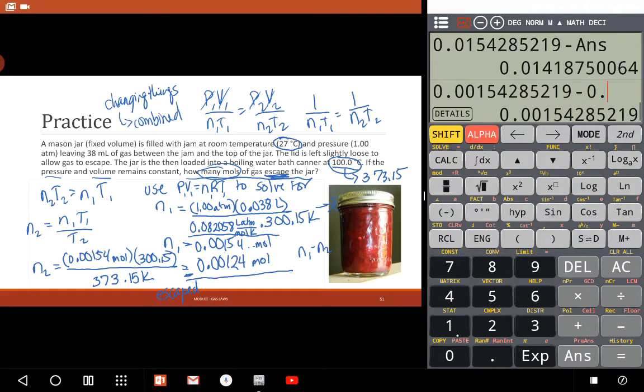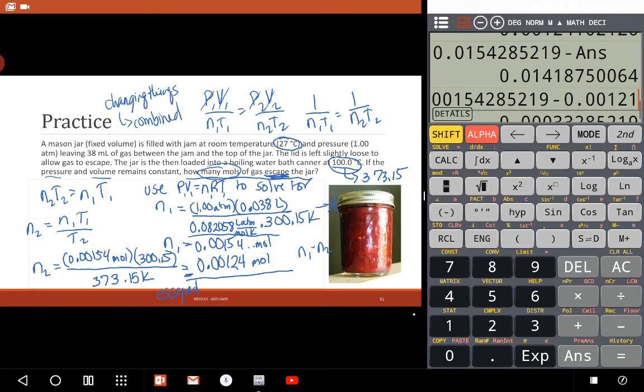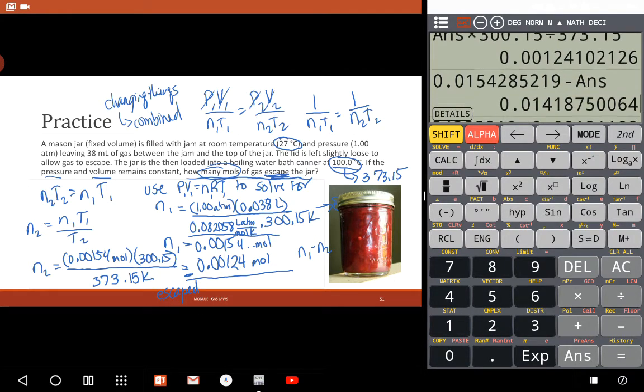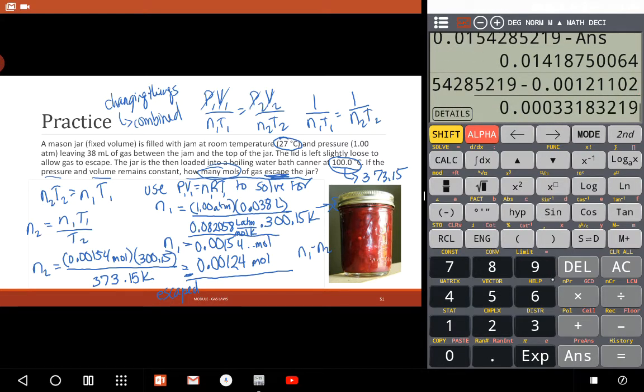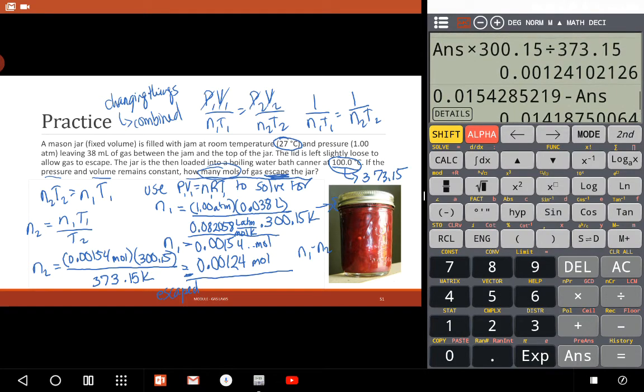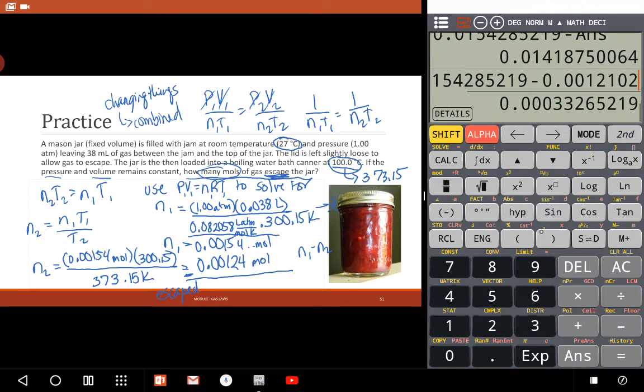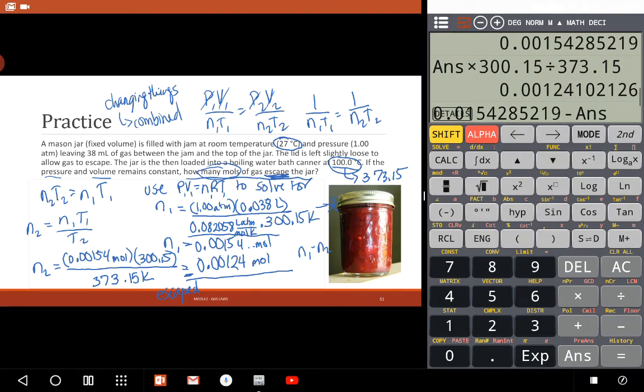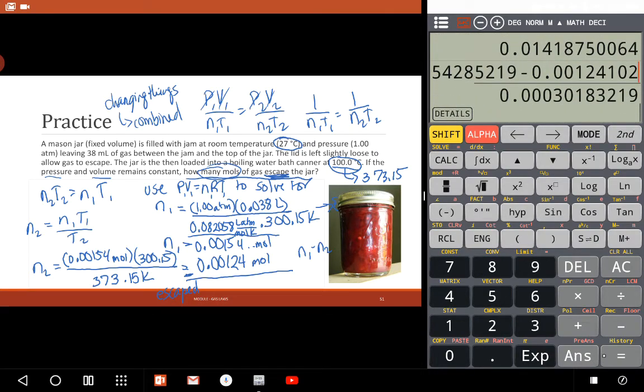I can see that those first ones line up, so I know that they're going to subtract out. But now I got to scroll back up so I can see my previous entries. There was only one there. And I forgot the 4. 124102. See, I just need to get in the habit of saving my numbers.